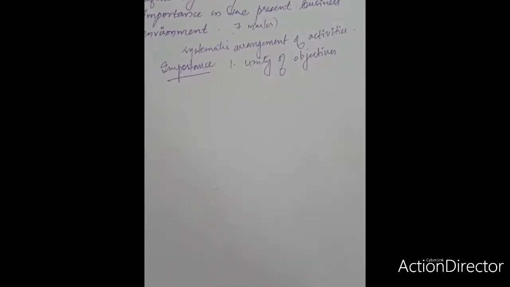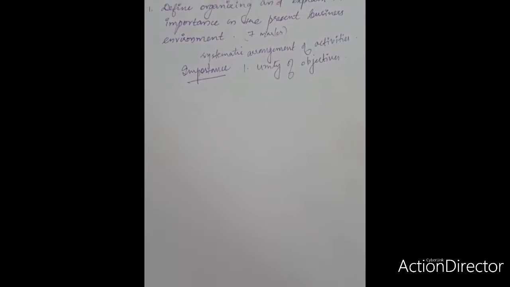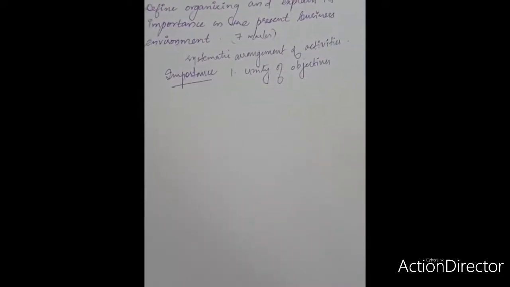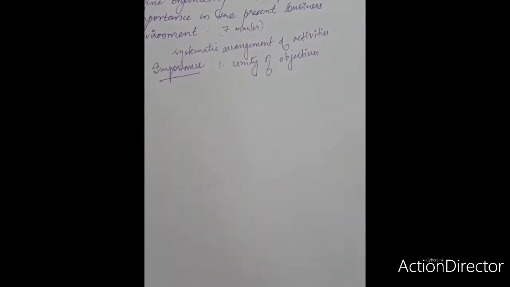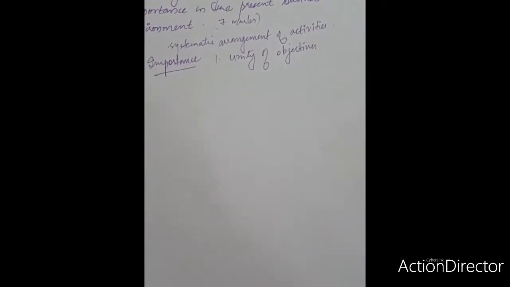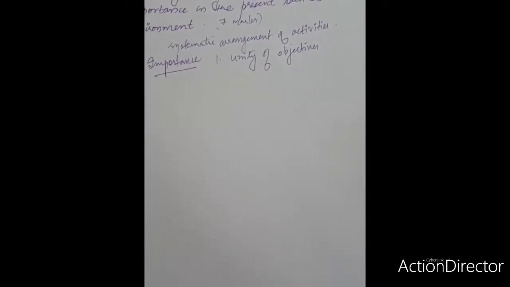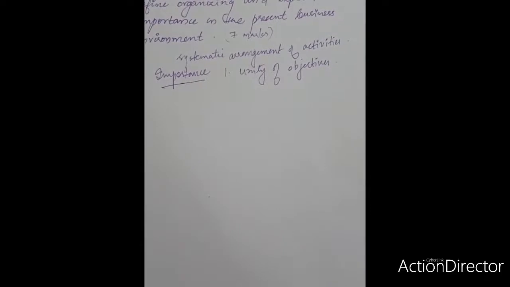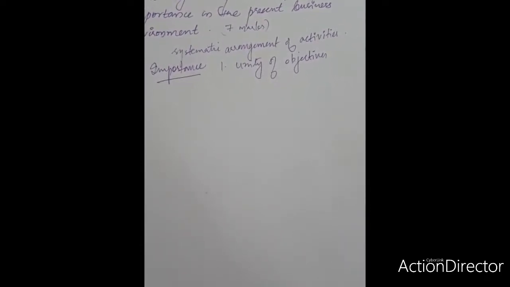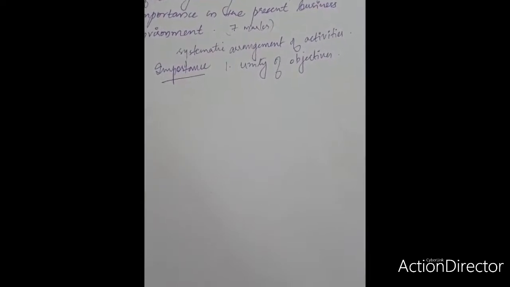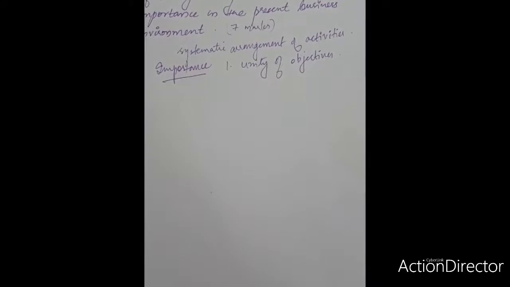So every person in an organization is an important factor when you consider the unity of objective process. The final objective the organization has to achieve should be determined by the way in which the people in the organization work. So that is unity of objective.